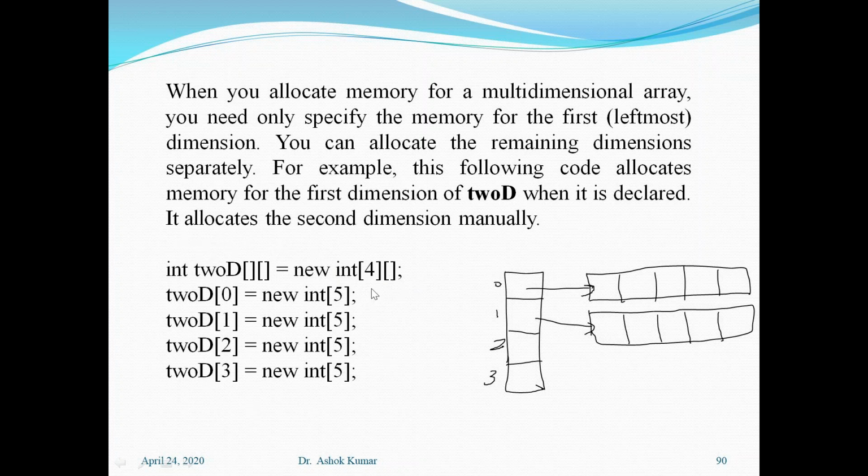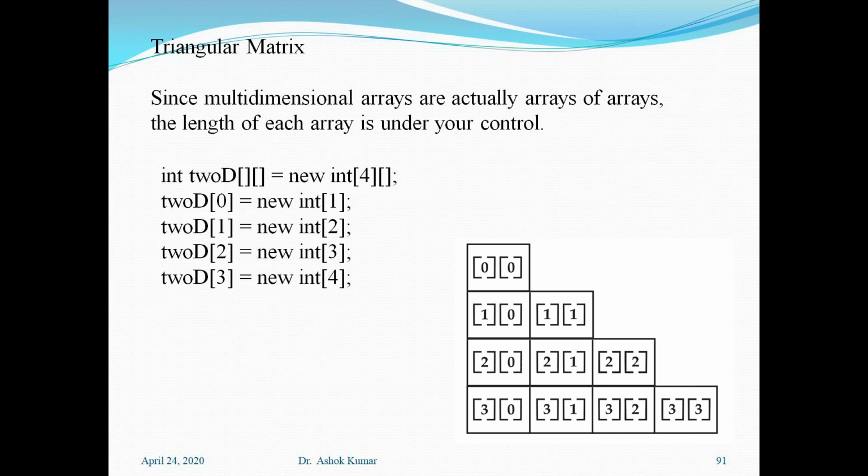The main advantage of this is that in case of Java, you can create an array whose row size can be different. That I have shown through this example. So in this example, we are creating a 2D array where every row has a different size.